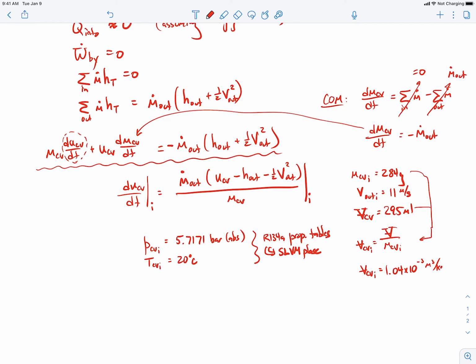per kilogram. Since I know I'm in a saturated liquid vapor mixture phase, and that's the actual specific volume inside the control volume, I can solve for the quality inside the control volume initially. Let me write it out, and then we'll discuss it.